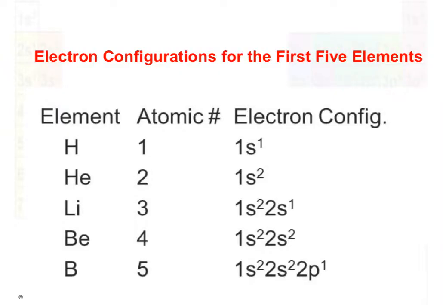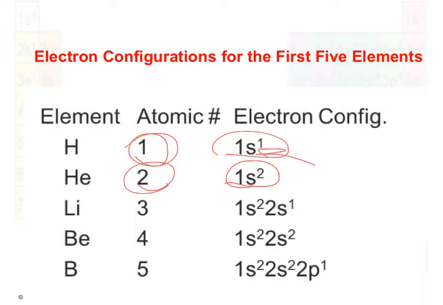So here are the electron configurations of the first 5 elements. Hydrogen has only 1 electron, so 1s1, and we're done. Helium has 2. Remember, a sublevel can hold 2 electrons, so now it becomes 1s2. Lithium has 3 electrons.